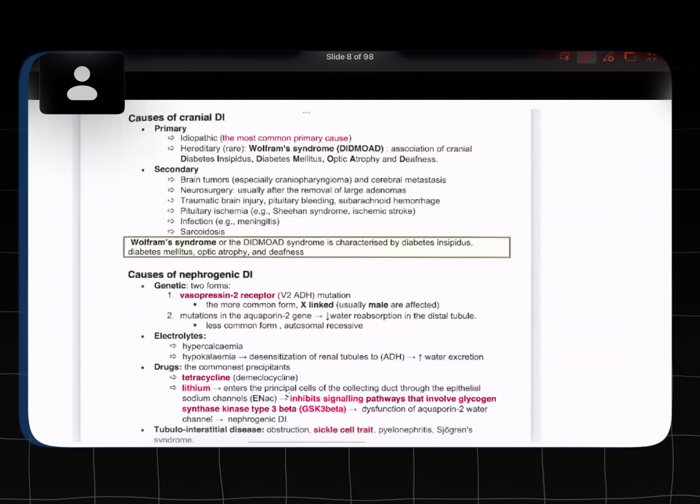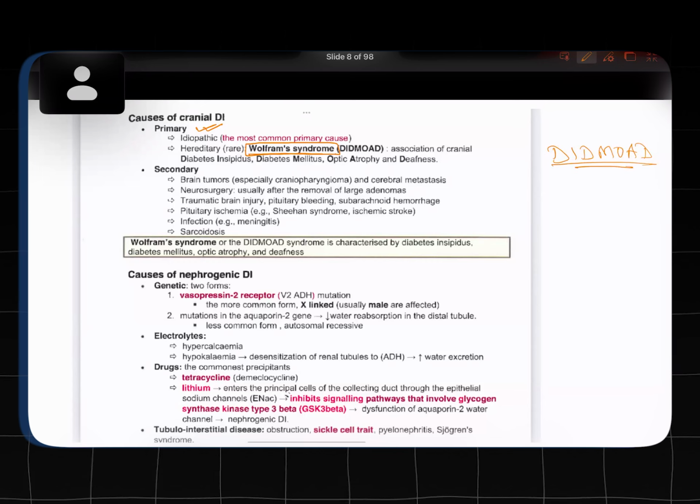Causes are unlikely for the MRCP exam, but a few of the causes you have to remember: primary or secondary. Primary means the most common cause is idiopathic, or it can be a part of Wolfram syndrome, as I have already discussed. Wolfram syndrome has already come in the exam. It is the mnemonic DIDMOAD. Please remember the mnemonic.